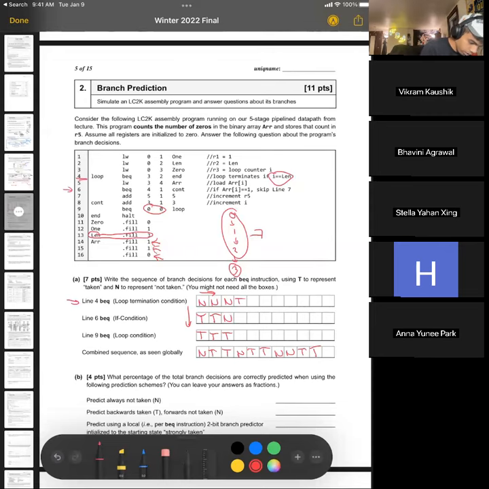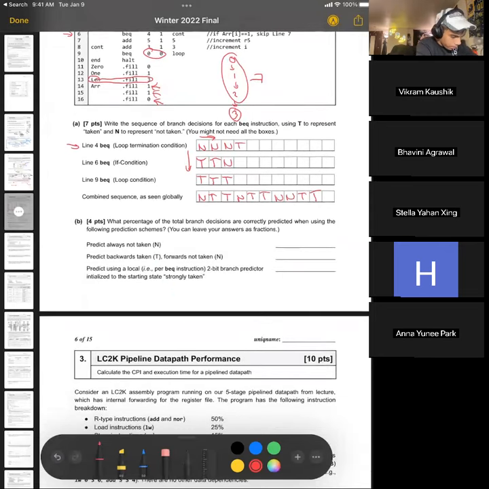That's just working through the question. Part B says, what percentage of the total branch decisions are correctly predicted when using the following prediction schemes? We're going to walk through our schemes and consider how many hits and misses we'd get.